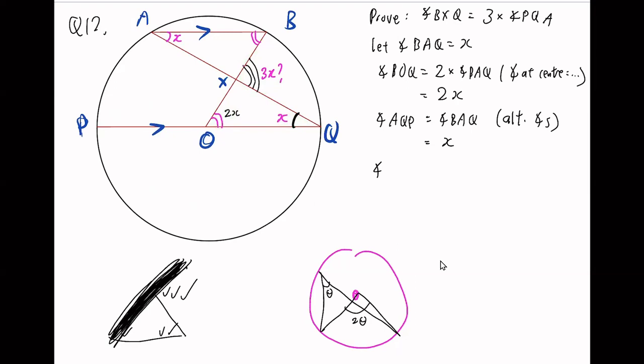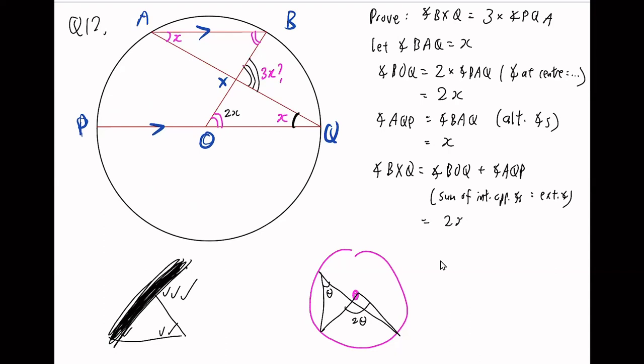Yes. Angle BXQ equals the sum of the interior opposite angles, which is the sum of angle BOQ and AQP. The sum of interior opposite angles equals the exterior angle.